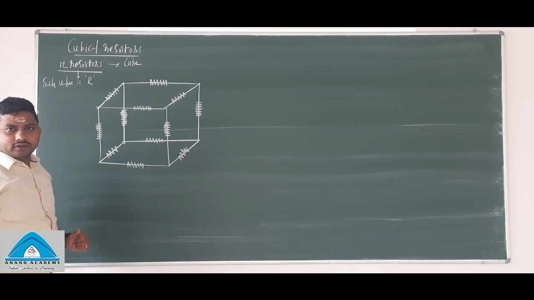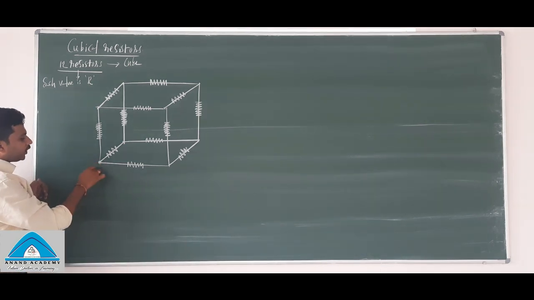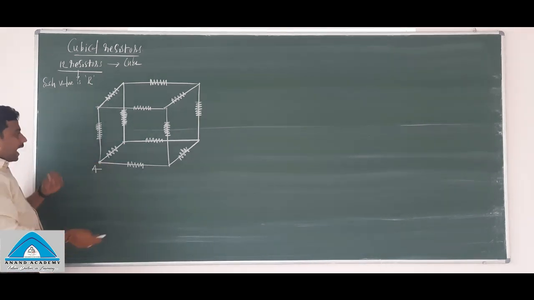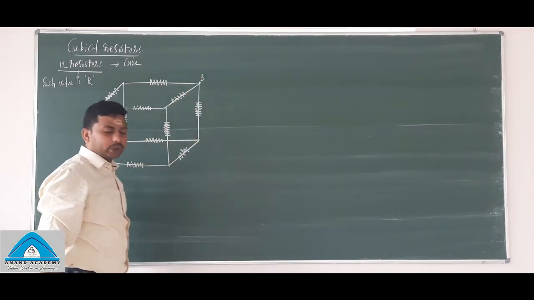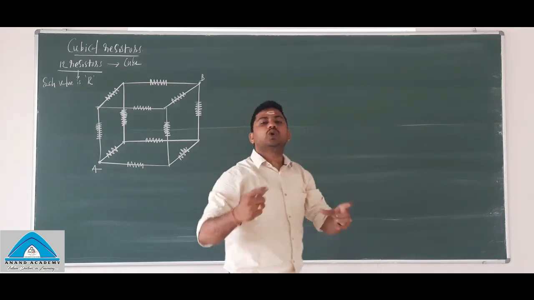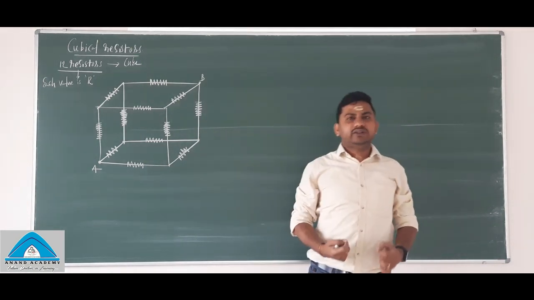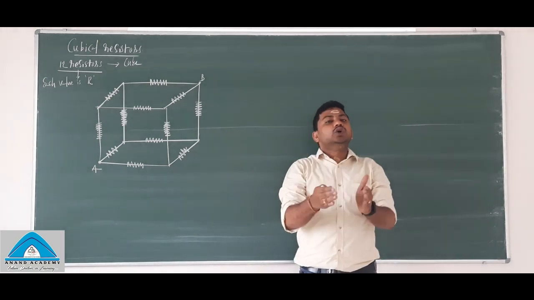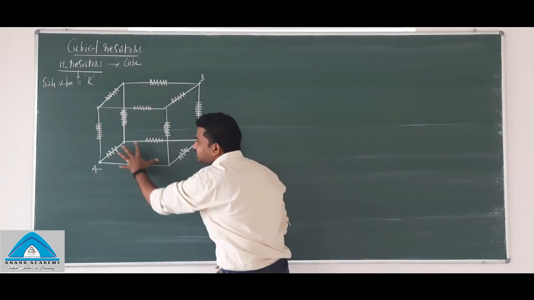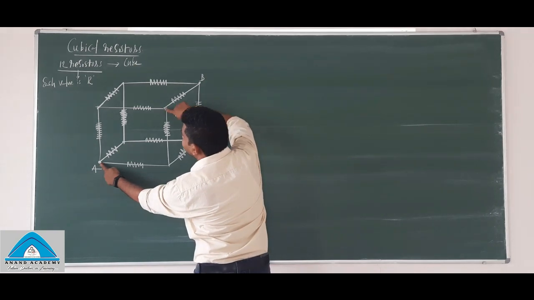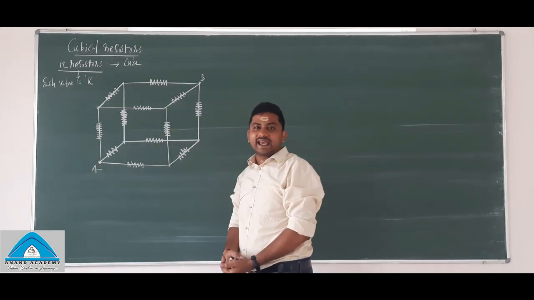Now the question is, there is a point A here and there is a point B here. What are these 2 points? Can I say these 2 points are the body diagonal points? The cube will have a face diagonal. Imagine this is the face. So this point and this point are called face diagonal points.